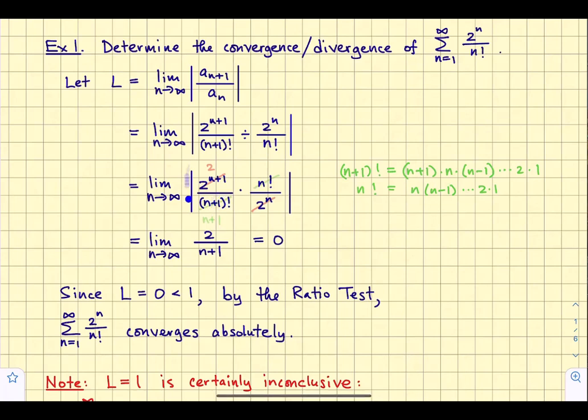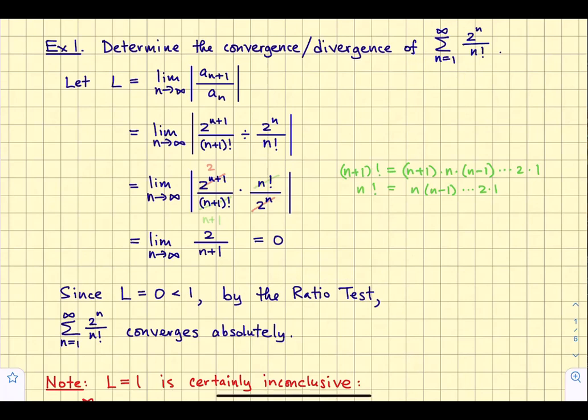And so everything here is also positive, so we can drop the absolute values, and we end up with the limit as n goes to infinity of 2 over n plus 1, and that is going to 0. So since the limit here existed and the limit L was 0, which is less than 1, by the ratio test, the original series converges absolutely.